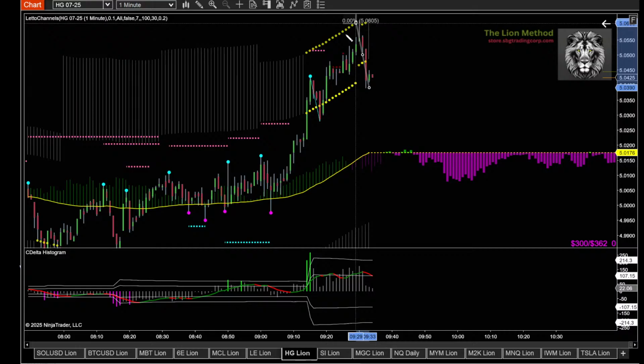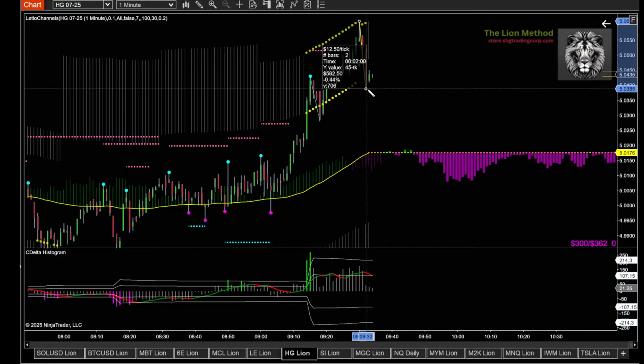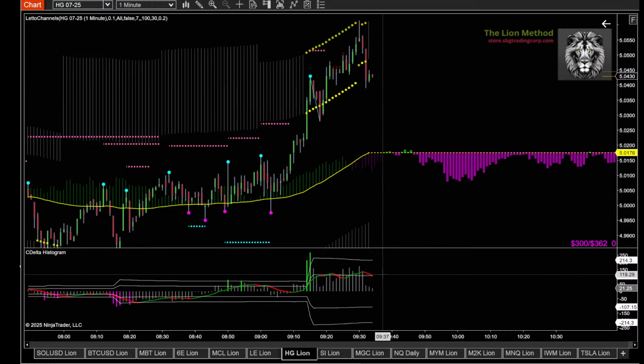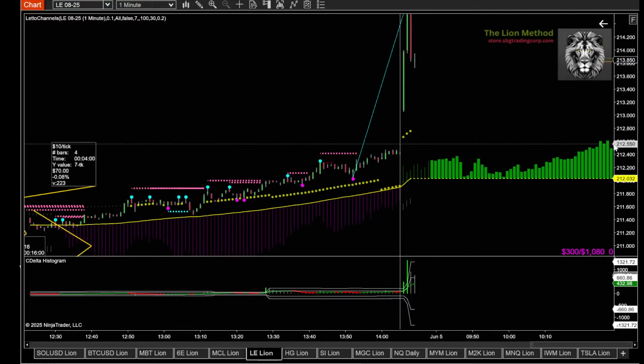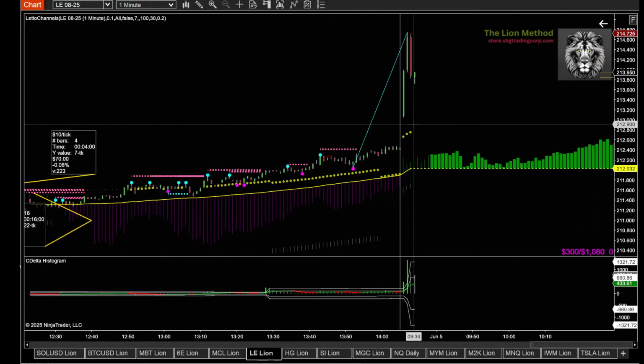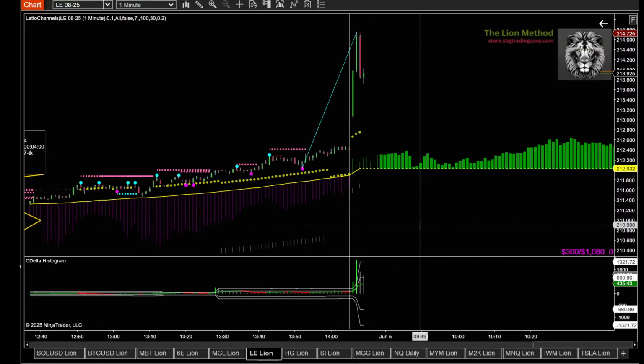Let's see. Oh no, I don't want that. So this is a $562 swing here. That's a little beefy for me. I will stand aside. Yeah, look at that. This is the 90-10 line. So 10% of the time only does price get above that distance from the MA. That's a big reversal.